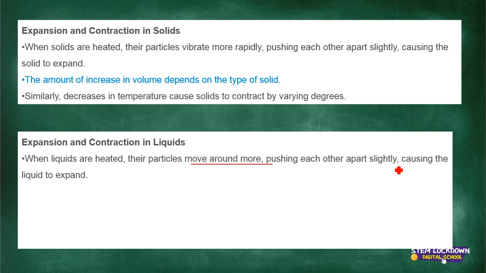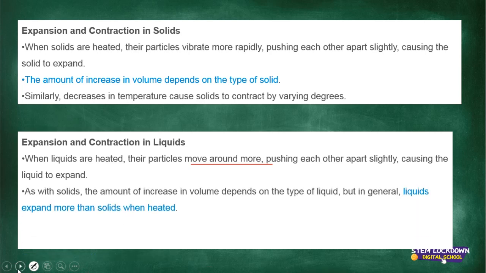You start from a low temperature, and as it heats you see bubbles start to form. That means the particles are moving around more and pushing against each other, causing the liquid to expand. When you see your kettle boiling, the water doesn't remain at the same level, it goes higher up in the kettle. That's why it has a maximum level for you to fill to.